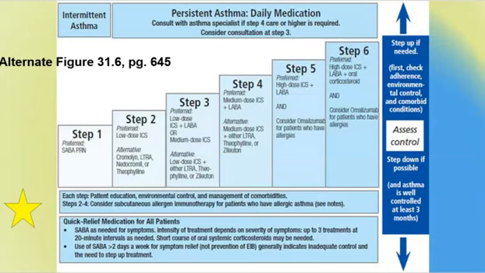A lot of times patients will tell you, "Oh, I'm working out, I need my inhaler." So that is what the SABAs are: short-acting beta antagonists. There's certain guidelines throughout here, and I want you to look at the different steps, because obviously if they're having persistent asthma exacerbations, you want to teach your patient to walk them through this, okay?